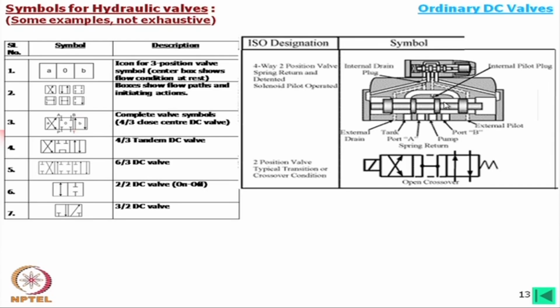This is one position, this is the other position, but by detenting we can make all ports connected. So, in a detent position we can make this one, otherwise normally either this or these positions.